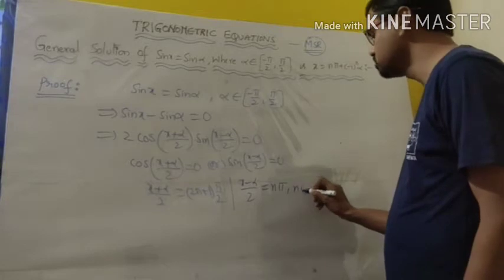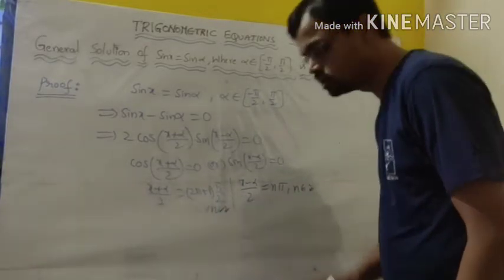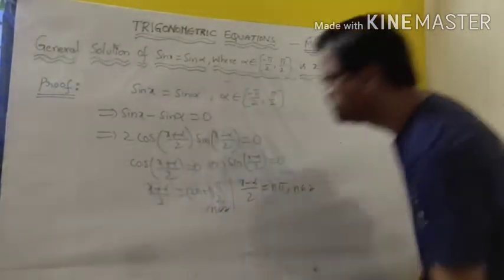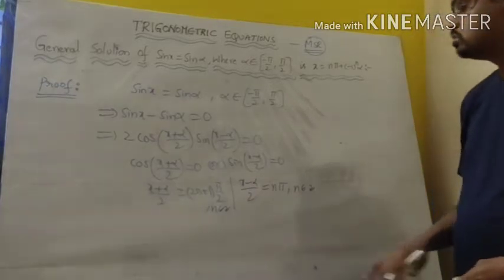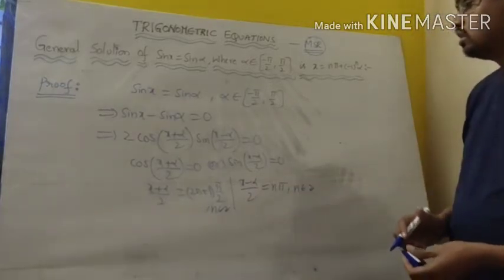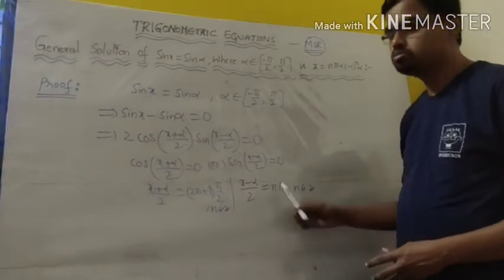Here n belongs to z. So x plus alpha by 2 is odd multiples of 90, and x minus alpha by 2 is possible only at all multiples of pi.